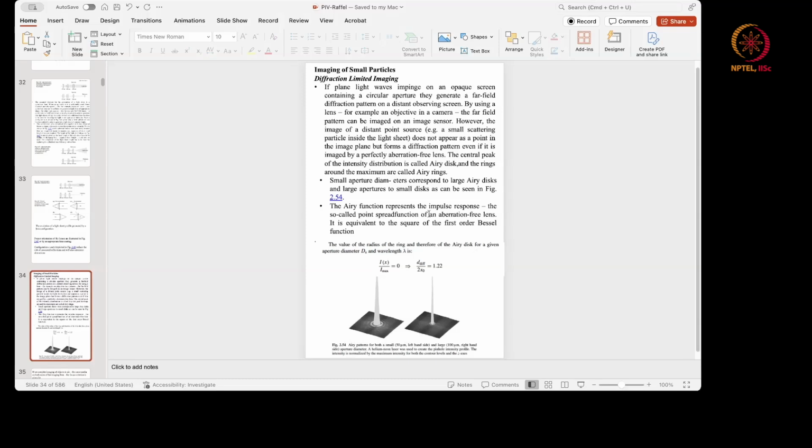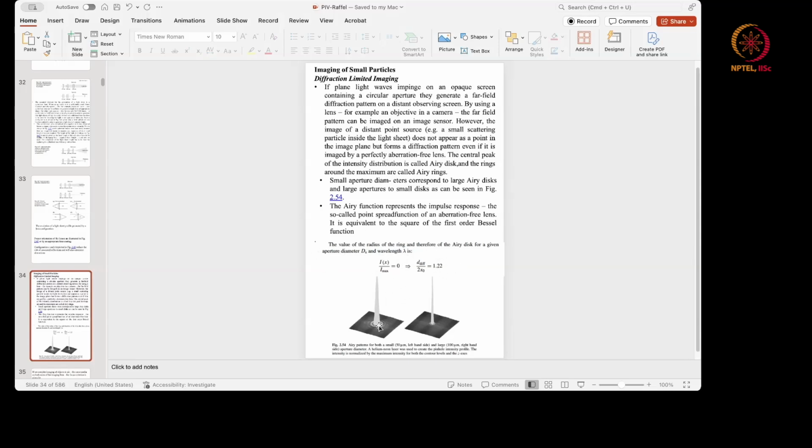The Airy function represents an impulse response. This is the spread function of an aberration free lens, and if you do a little bit of math, you will find that this can be represented by a first order Bessel function. The value of the radius of the ring, and therefore the Airy disk, for a given aperture diameter dA and wavelength lambda, is given by this.